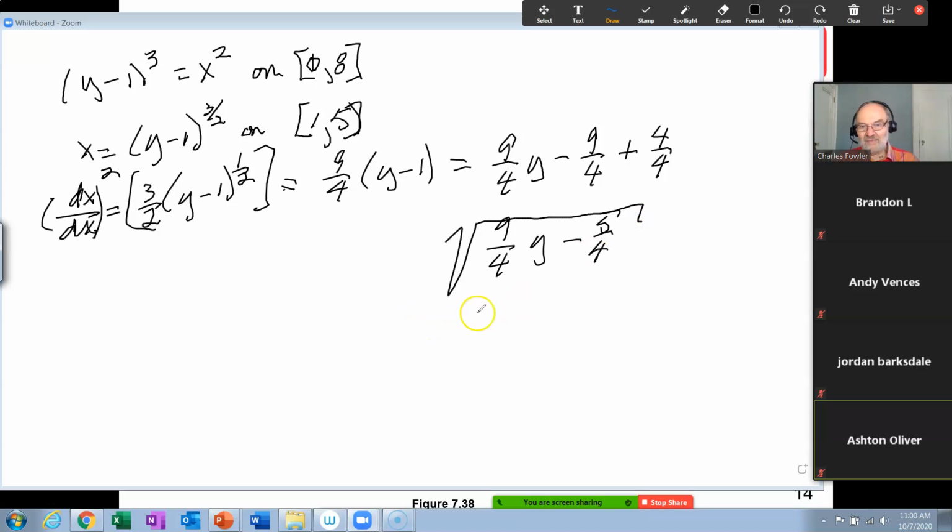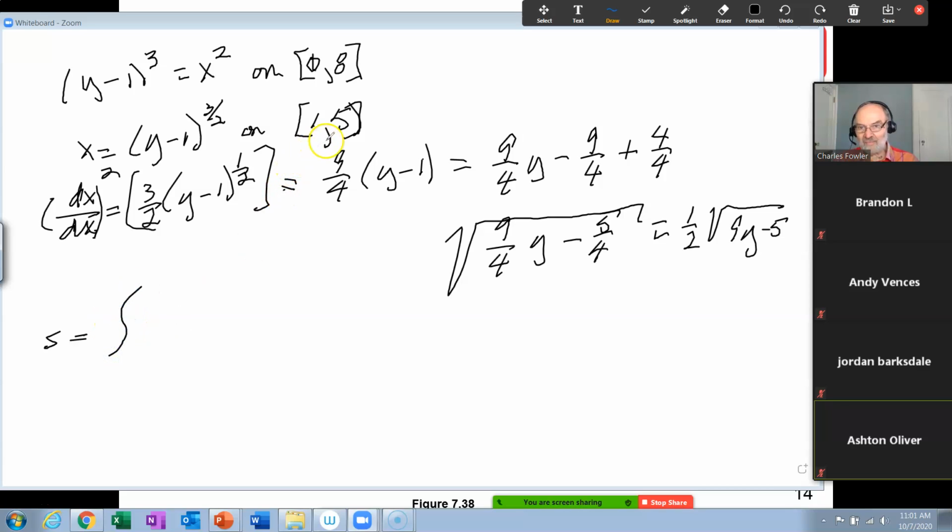Now the good news is you can pull out the 1/2, because you have a common denominator of 4. Square root of 4 is 2, so that would be 1/2 times the square root of 9y minus 5. And that's what we want to take the integral of, I think. So I may have made a bad choice coming this way, but let's see what happens.